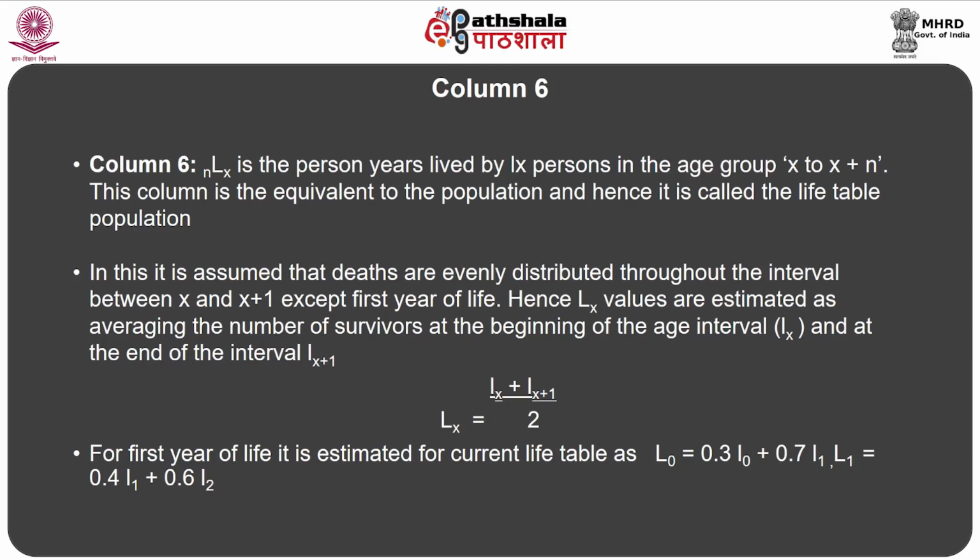For the first year of life, it is estimated for the current life table as L0 equals 0.3 l0 plus 0.7 l1. L1 equals 0.4 l1 plus 0.6 l2.